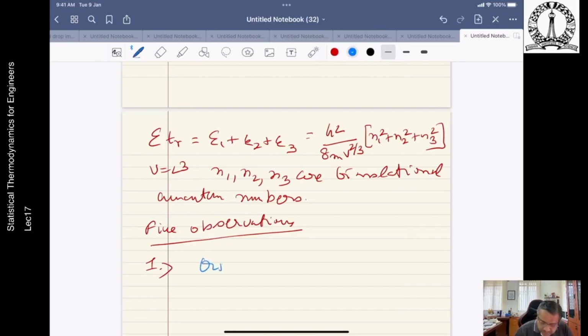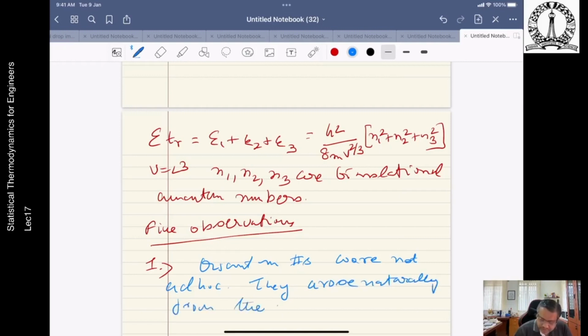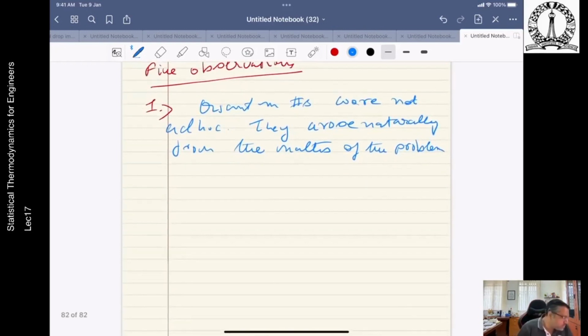The quantum numbers were not ad hoc; they arose naturally from the mathematics of the problem, which is nice. So there is no ad hocism over here.